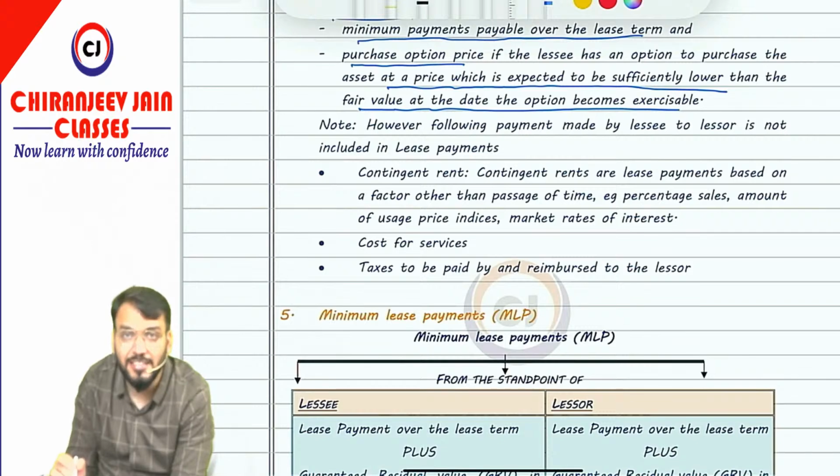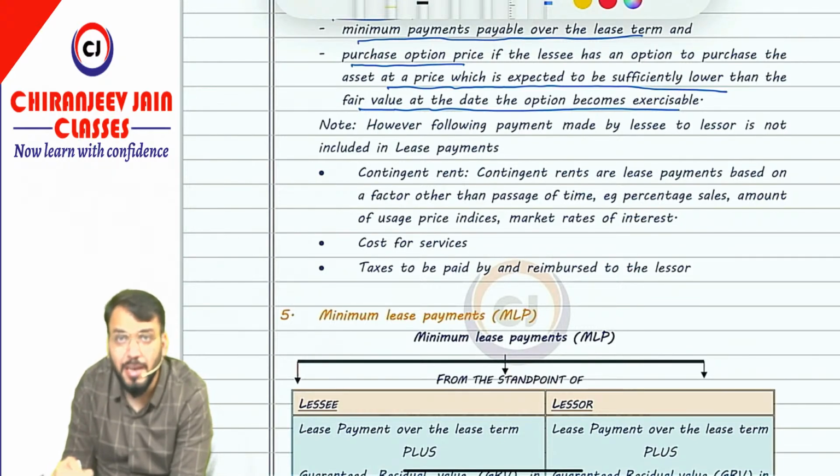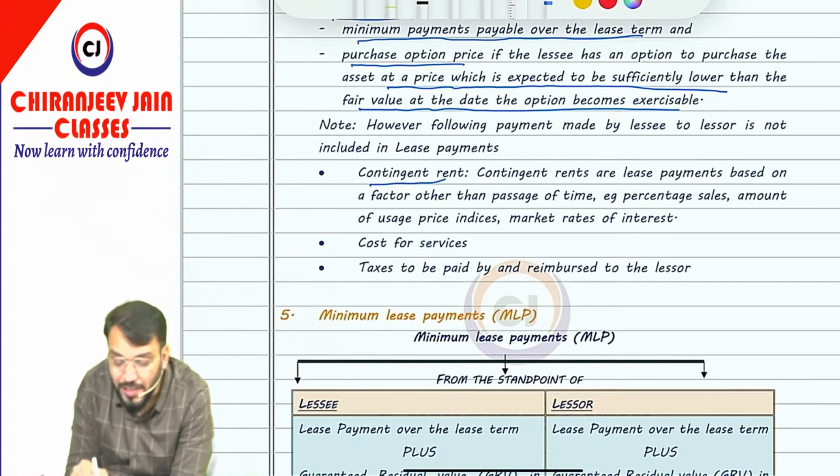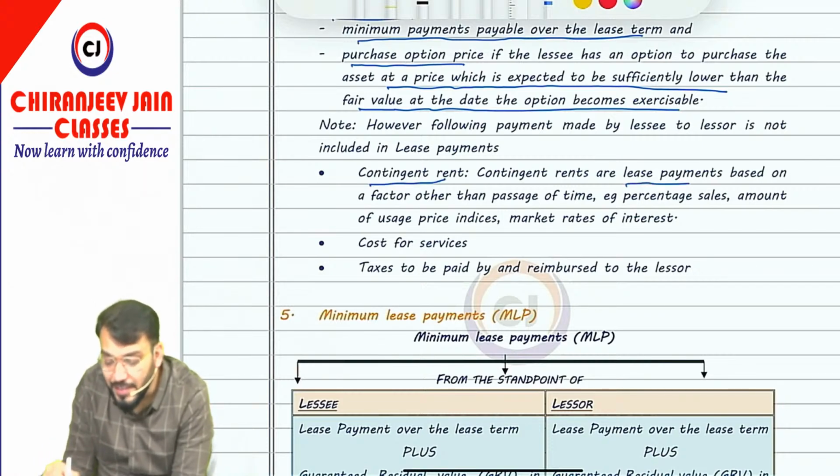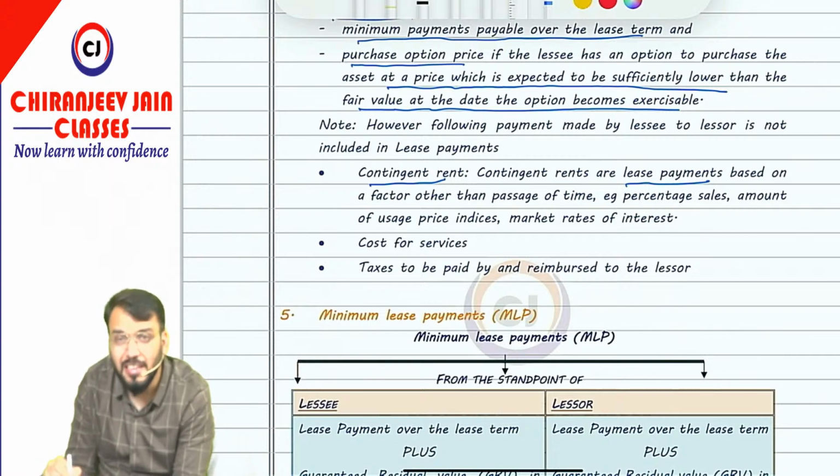AS 19 says that not all payments made by the lessee to the lessor will be a part of lease payment. There are some payments which will not be included in the definition of lease payment. For example, contingent rent. Contingent rent is lease payment based on a factor other than the passage of time, for example based on the percentage of sales or on the performance or usage of the asset.